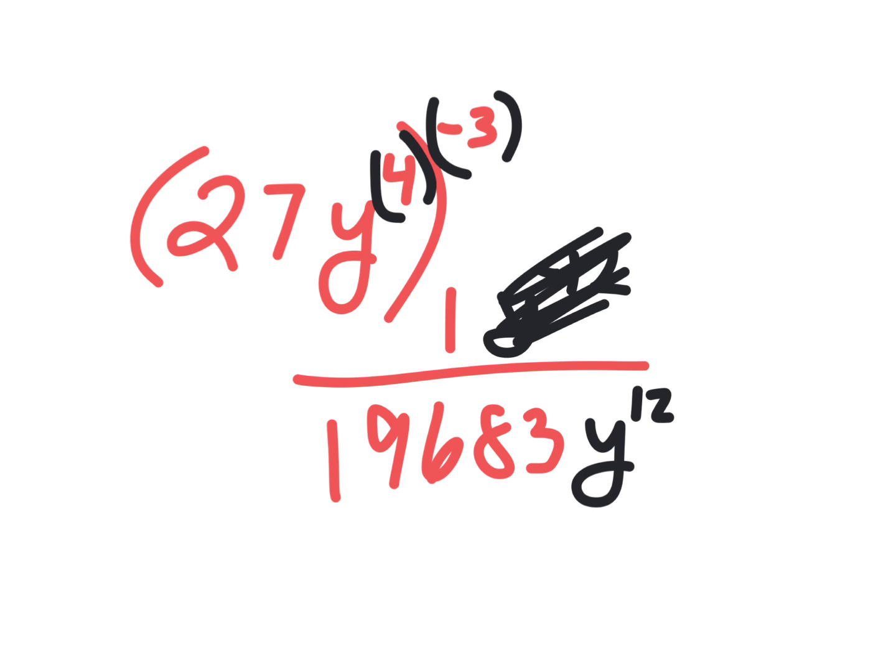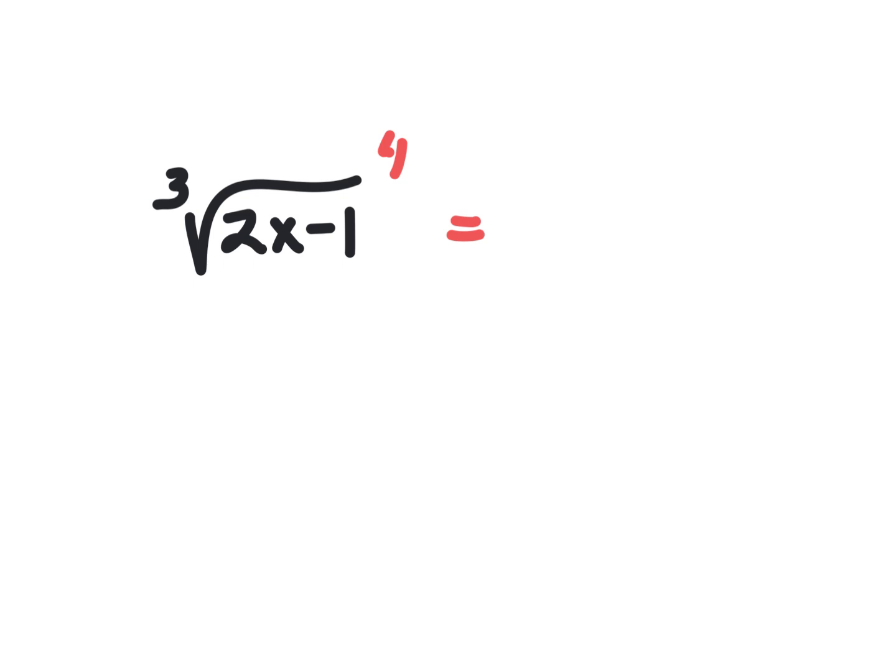Nice. Okay. Next up, let's change to a completely different kind. Let's say that you had the cube root of 2x minus 1, and all of that is put to the fourth is equal to 3.